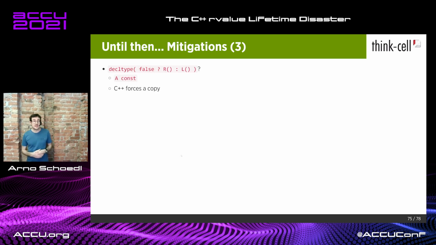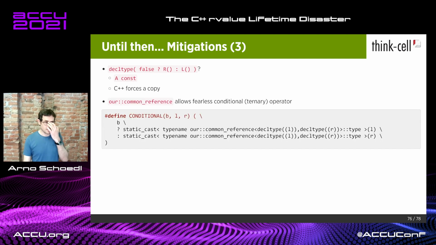We talked about the lifetime, the rvalue amnesia with the ternary operator, where it returns an A const and it forces a copy, which is obviously not efficient. You can do better.